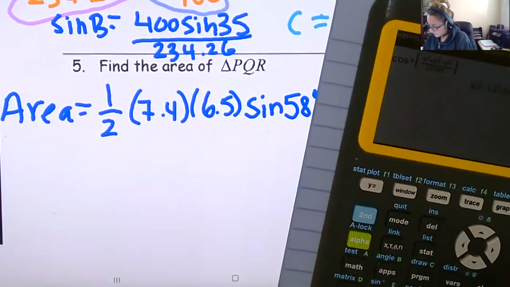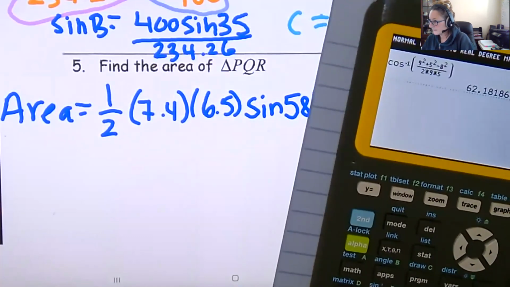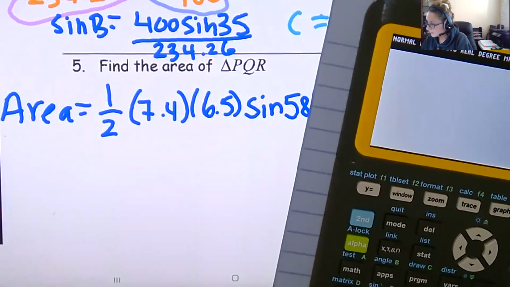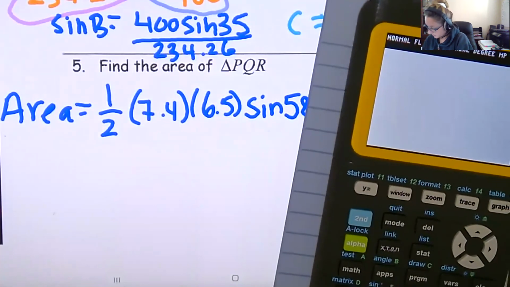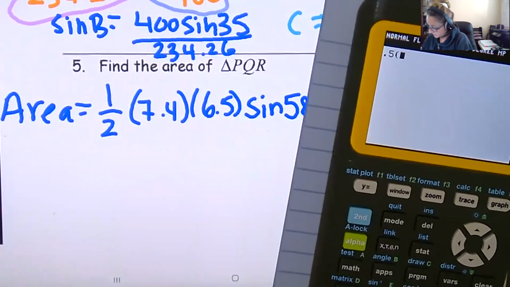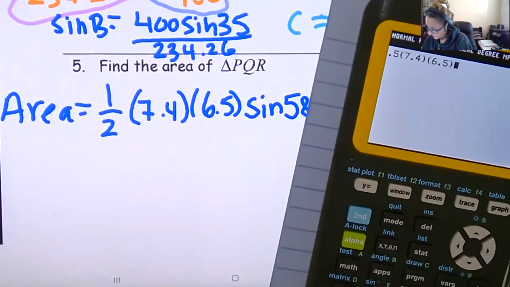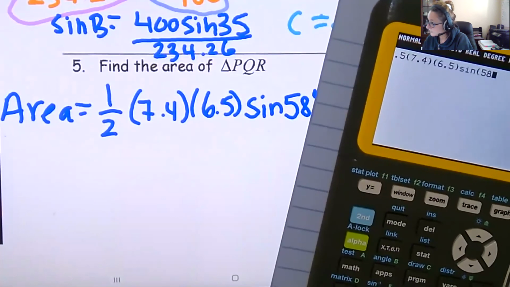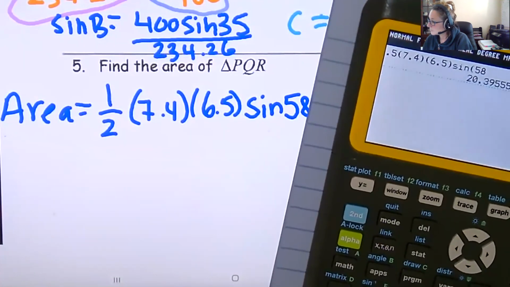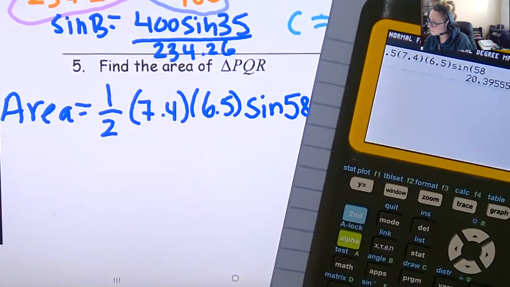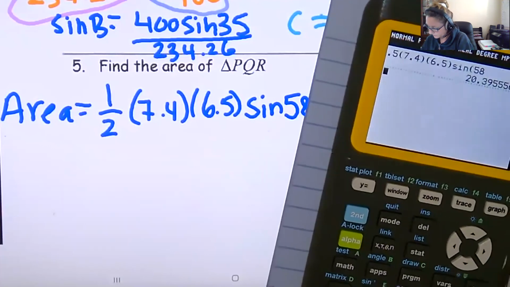So when I put that in my calculator, I'm going to put it in as 0.5 times 7.4 times 6.5 times sine of 58. And I end up with 20.40 if I round up.